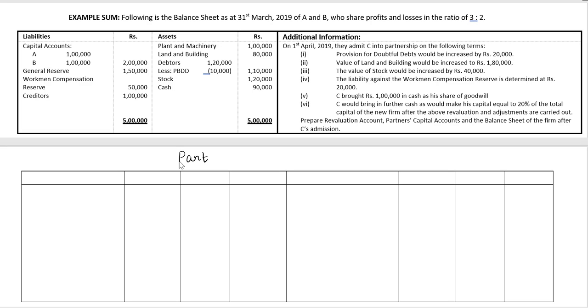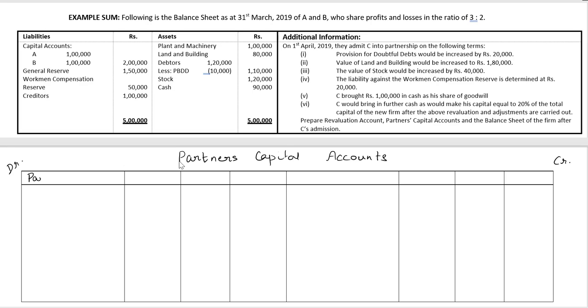Partners' capital accounts. Left side debit side and right side credit side.